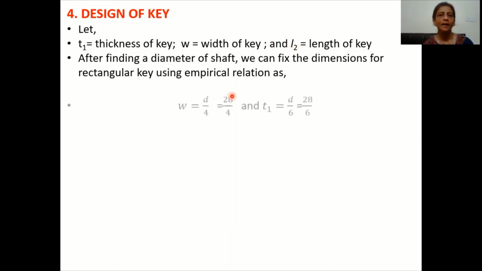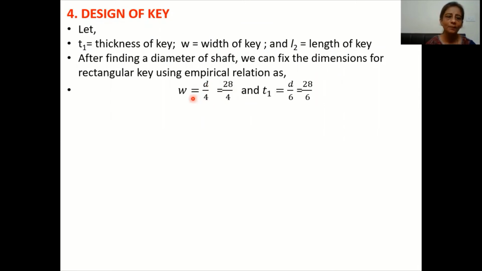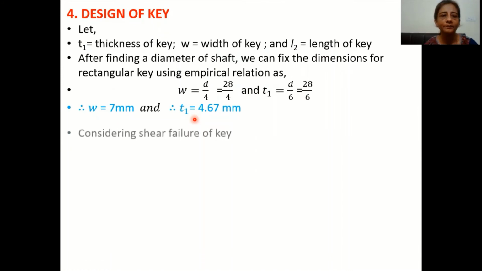After using the empirical relations, W is equal to D by 4 and thickness is equal to D by 6, we get the value as width of key 7 mm and thickness of key 4.67, approximately 5 mm.